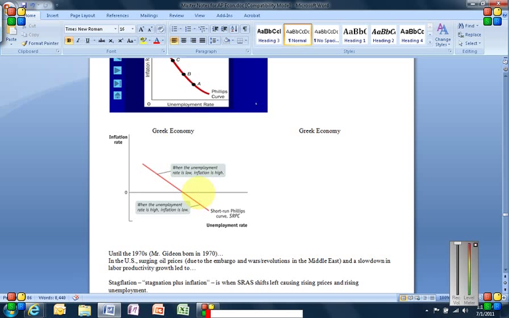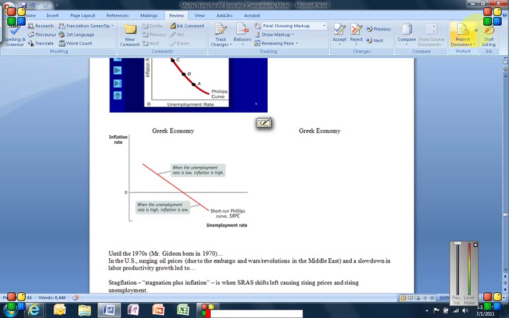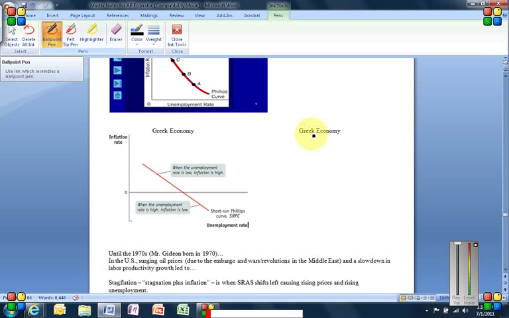Now let's stop and think about using an aggregate supply and demand graph, how this would look. So side by side, what we're going to do is draw just a very simplified aggregate demand and supply graph next to the graph of the short-run Phillips curve. And one thing that's easy to do is to confuse one of the axes. But on the left-hand side, as you know already, this is a measure of inflation. We label it price level.